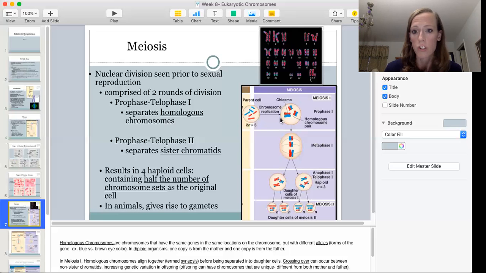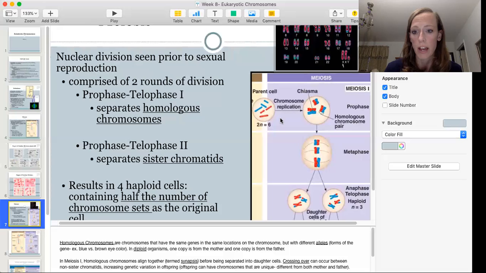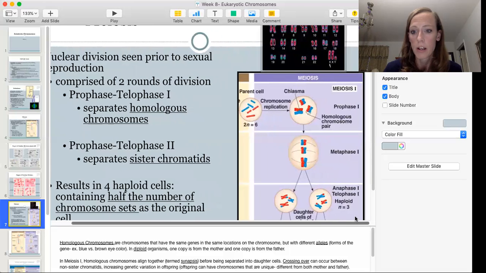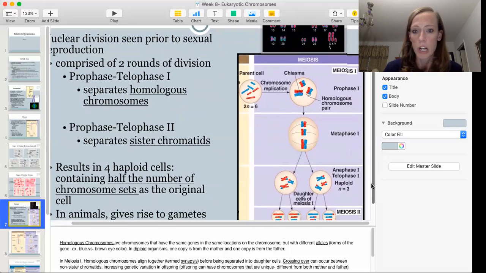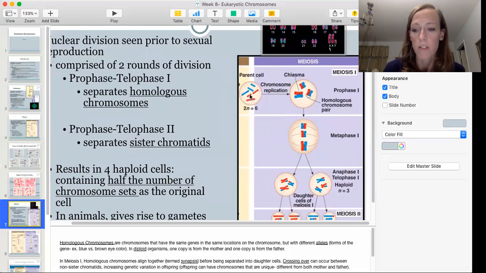So I'm going to enlarge this picture just a bit to show you that. In the picture, you can see that the parent cell, for this example, had 6 different chromosomes. There are 3 pairs of chromosomes.